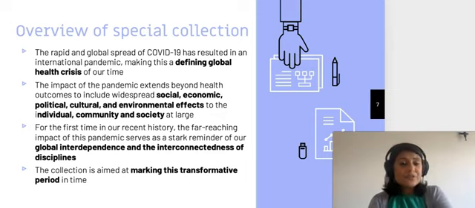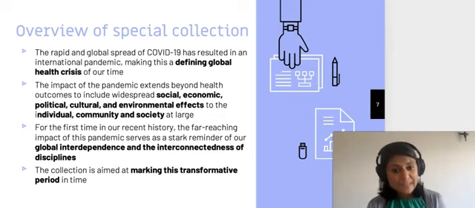But our research during this time hasn't just focused on health science research or medical-based research. This pandemic has had a social effect, and it merits us to look at data beyond the medical sciences and data that focuses on the humanities, so the human-based experiences that we've had during the COVID-19 pandemic.